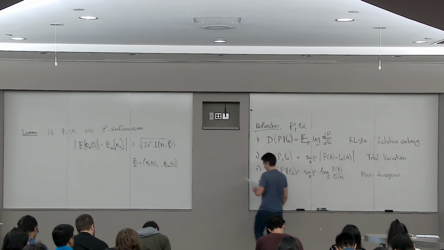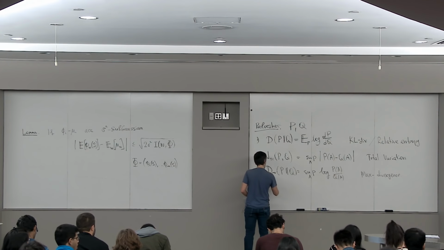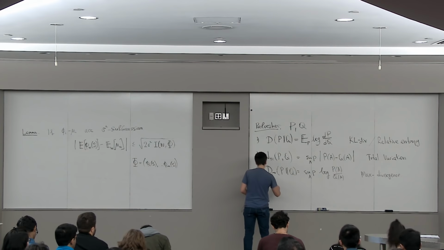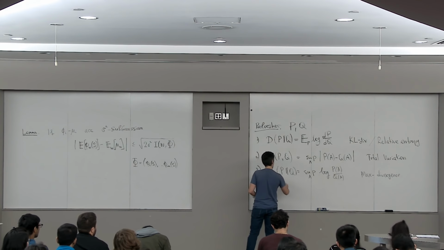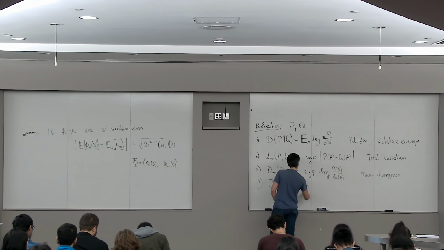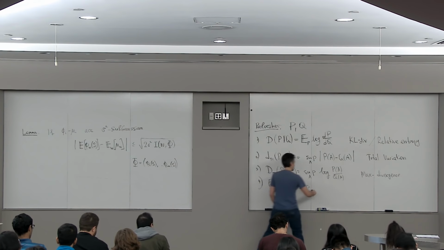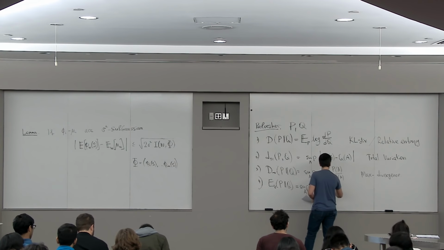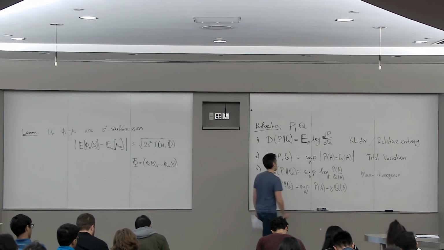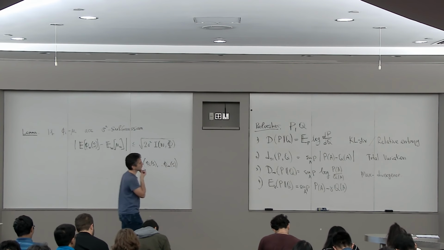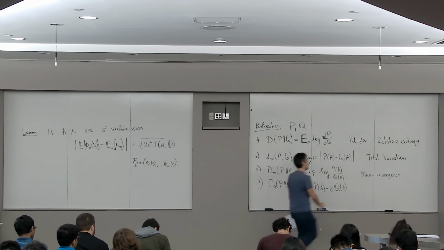Let's do one more. E_gamma of P and Q is a sup over A of P(A) minus gamma times Q(A). Again, it's not symmetric. Okay, so this is called the E_gamma divergence.